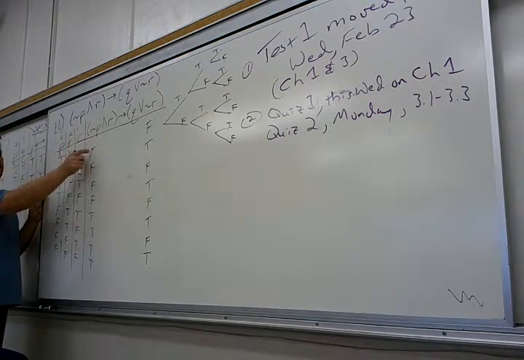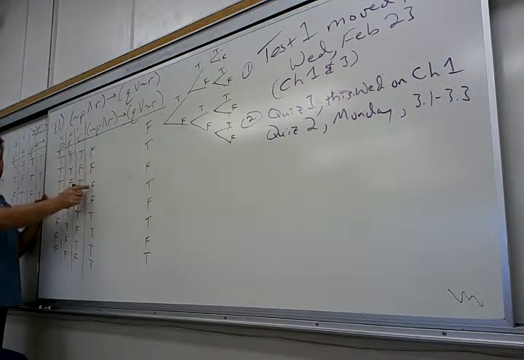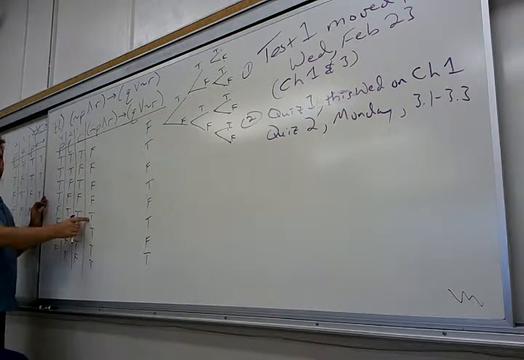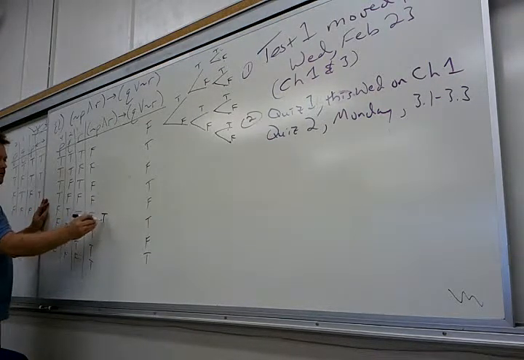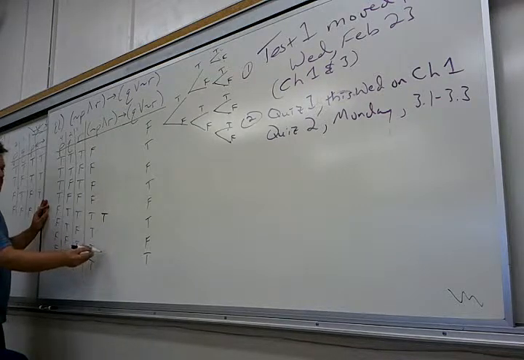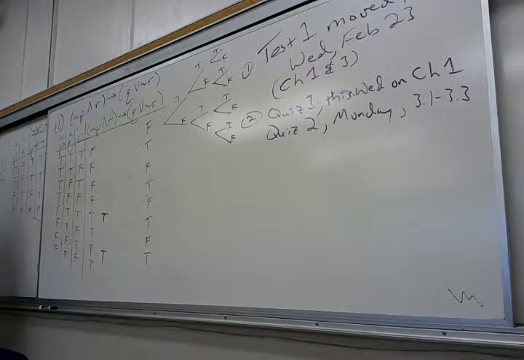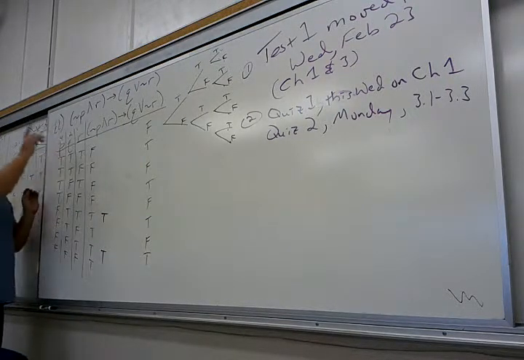So and is only true when they are both true. So it's only true here and here. And I think that's everywhere, right? Yeah, just 2 spots. And the rest have got to be false. No, in the first one they're both true. No? No, okay.